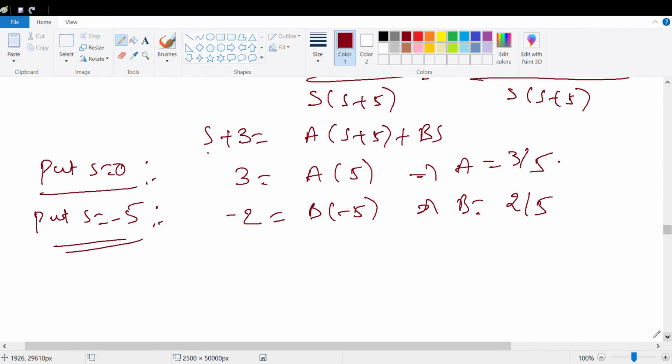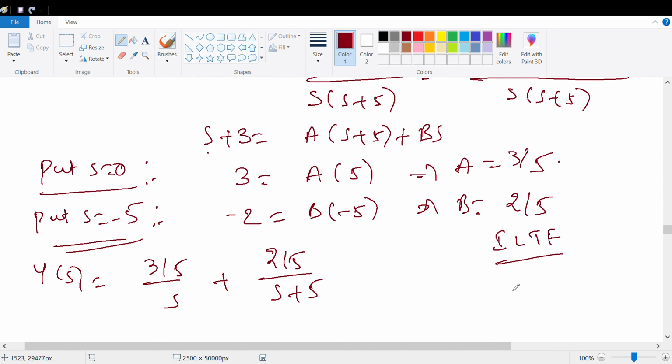So now we know Y of s is 3 by 5 by s plus 2 by 5 by s plus 5. So let's see the inverse Laplace transform. For a constant, it is A by s. The Laplace transform formula is: e power minus at corresponds to 1 by s plus a.